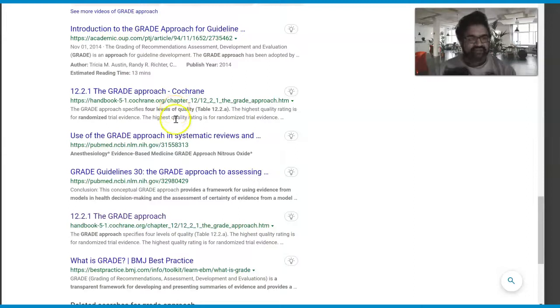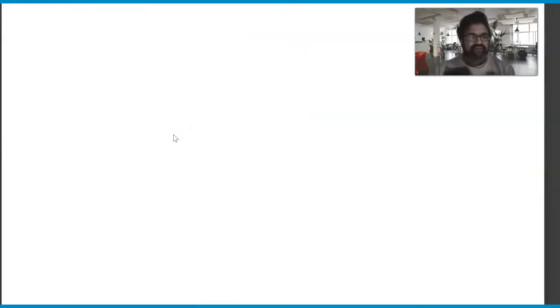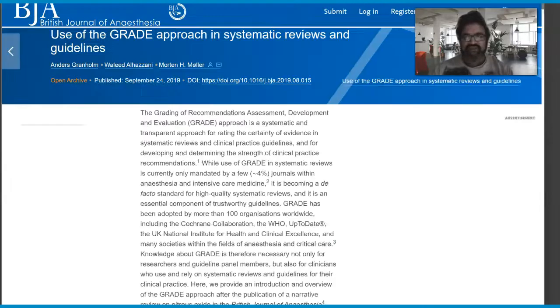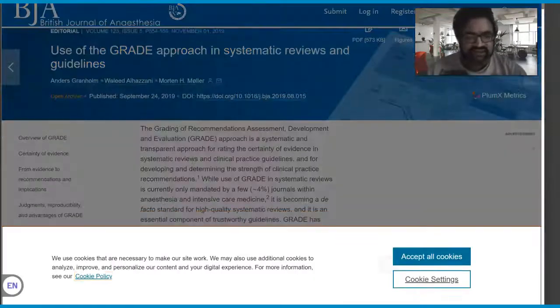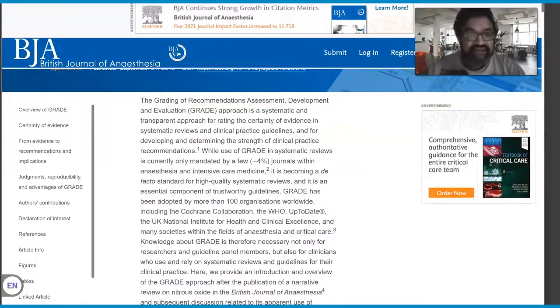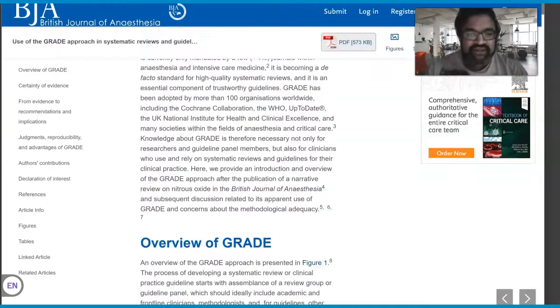You can take a look at the model that was used initially in the GRADE approach, and then take a look at some of these papers that have been published and show how to use them. Again, another paper on the GRADE approach and systematic reviews guideline. A lot of people do systematic reviews, so Grading of Recommendations, Assessment, Development, and Evaluation, GRADE.